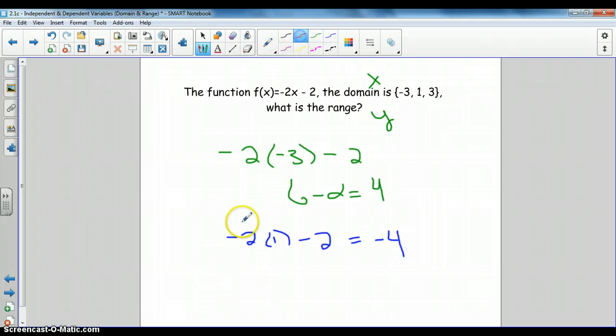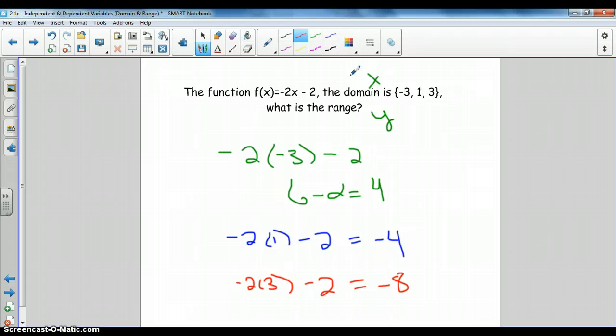Okay, and then I'll do 3, -2 times 3. This is not right. Oh, no, that's right. Okay, because I did negative times negative. Okay, -2 times 3 minus 2. -6 minus 2 is -8.